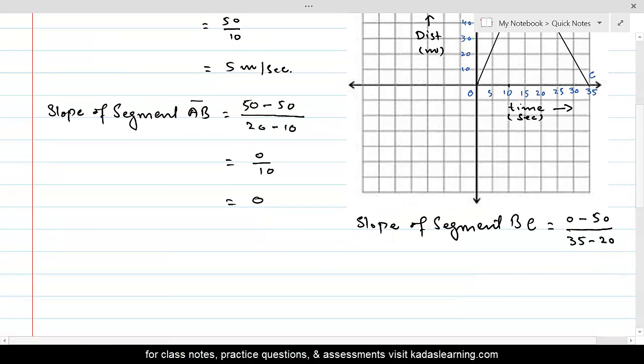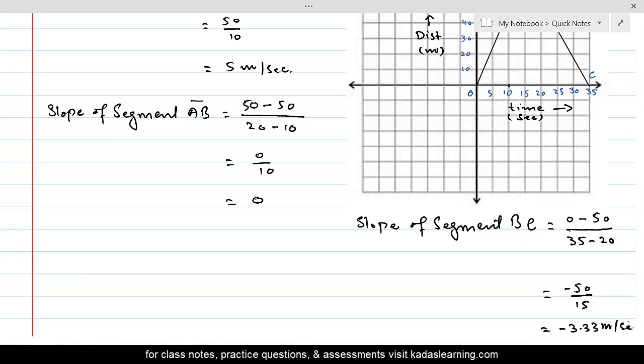Therefore the slope for segment BC is equal to minus 50 over 15, which is in fact equal to minus 3.33, and again this is meters per second. So this is the slope of BC.